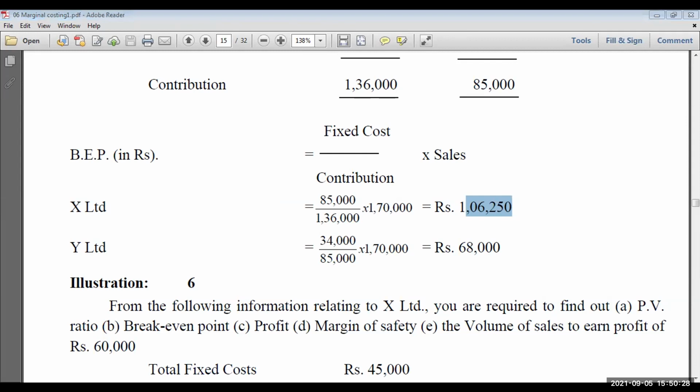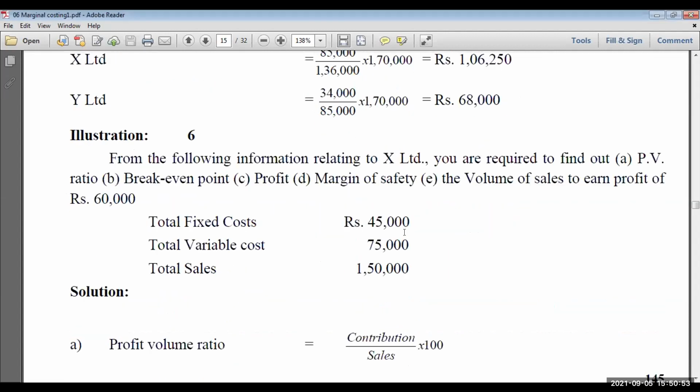Yes. My fixed cost 3,40,000. Sir, can you move the cursor above for that chart table? Company B, 68,000. 8,000, right? Yes. Next question.